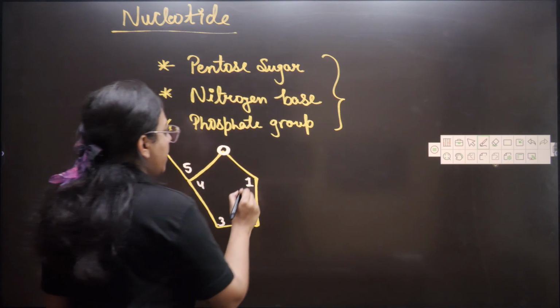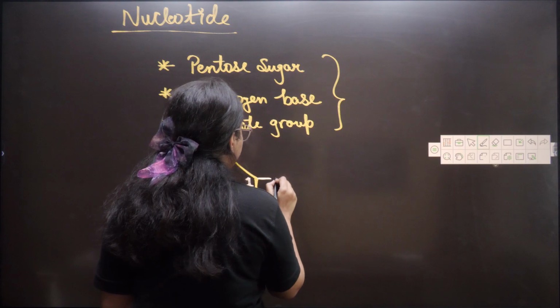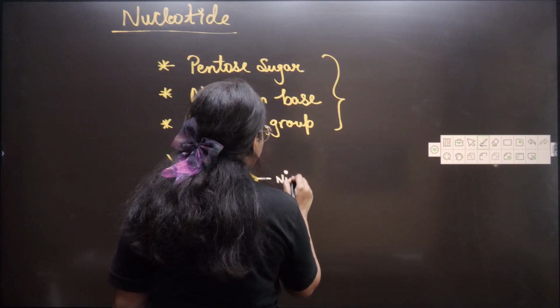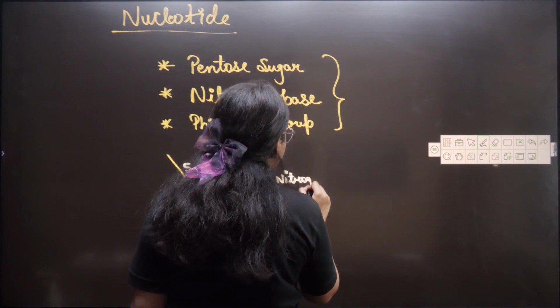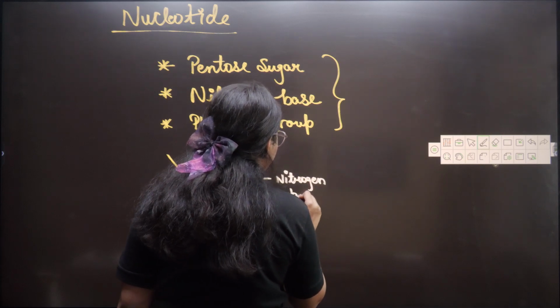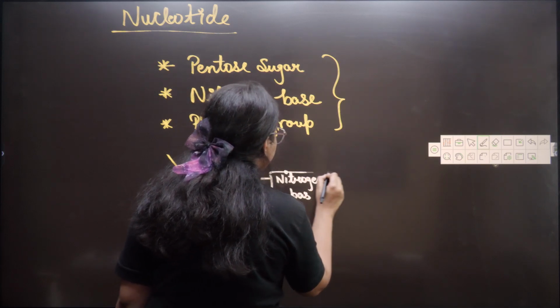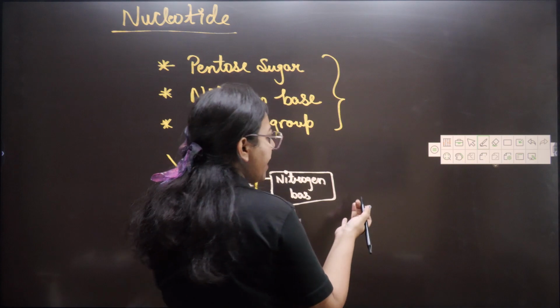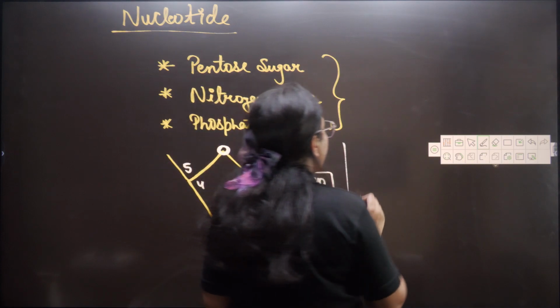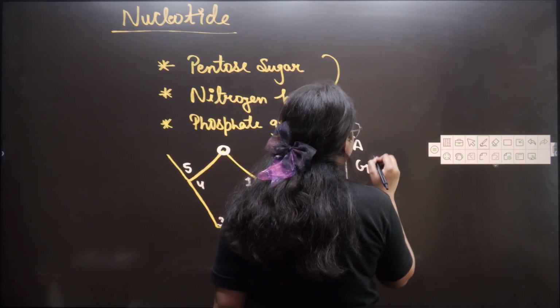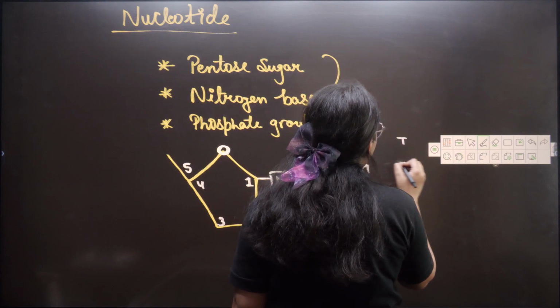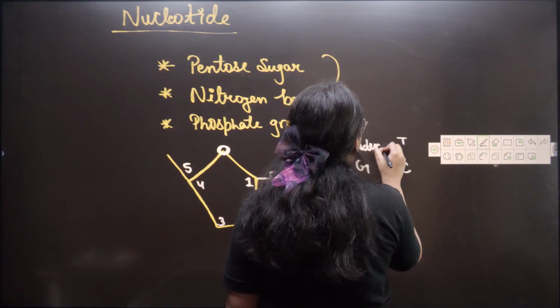Now in the first one, here will be the nitrogen base. This will be attached. Nitrogen base, we need to understand the types of the nitrogen base. Nitrogen base types are A, G, T, C. Adenine.